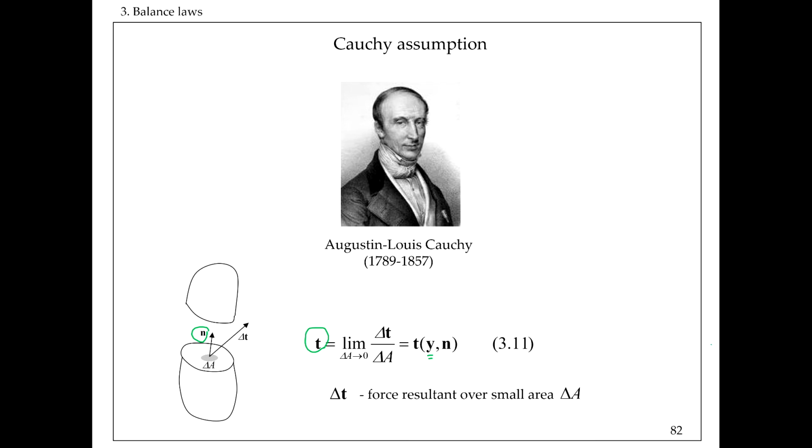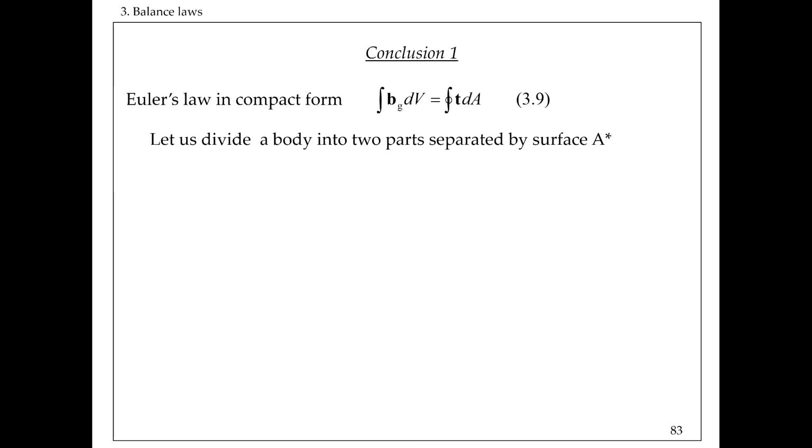Now we are going to look into the magnitudes of the forces that each part of that divided potato, of that body, exerts on the other, and so maybe we can derive something meaningful for us.